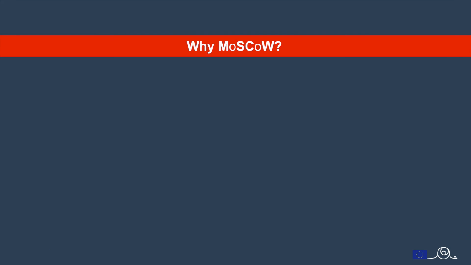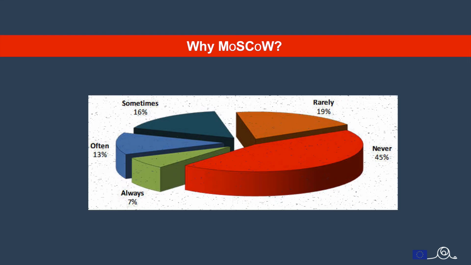Now, but first, big question, why I'm showing you MoSCoW. Now, I'm going to bring it back to that diagram I showed you much earlier in the course. And remember when we try to figure out all the requirements up front and we ship a product, what we're going to deliver is a product with features, and 45% of these will never be used, 19% rarely, okay? And it's these ones over here are the more important ones.